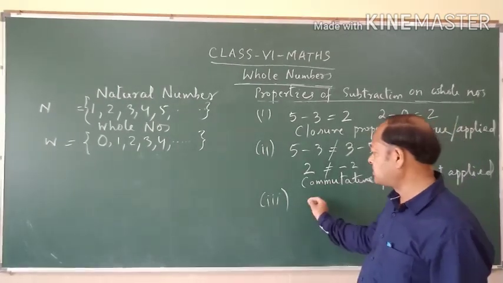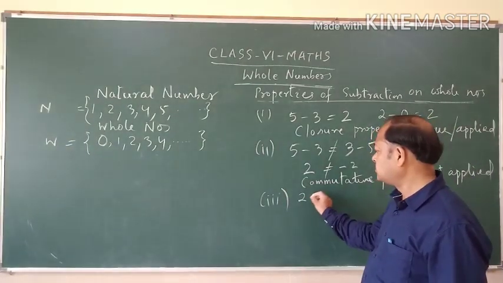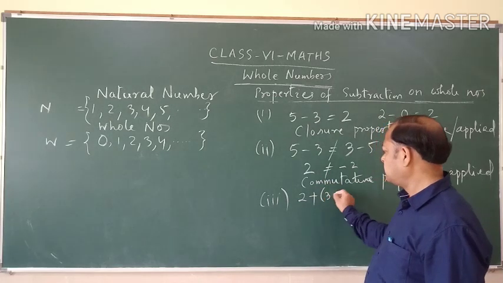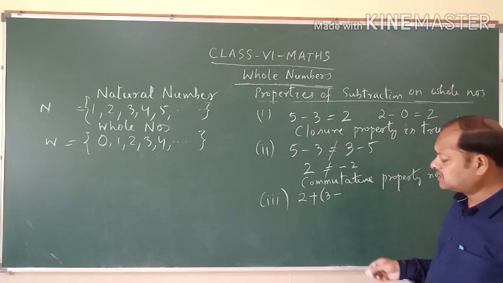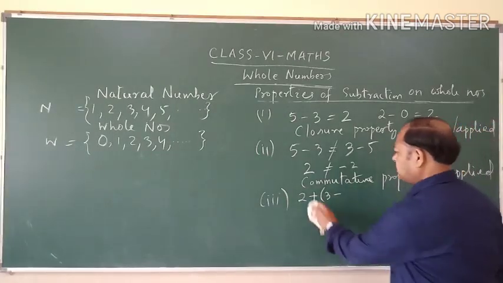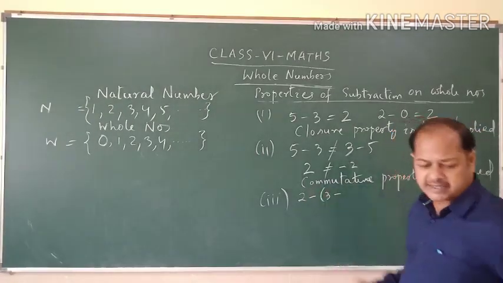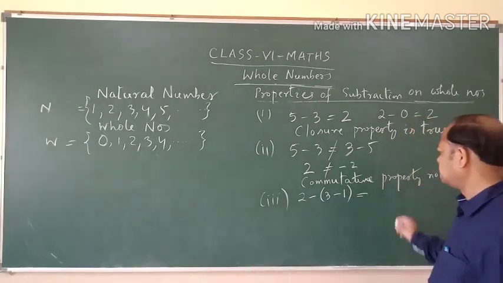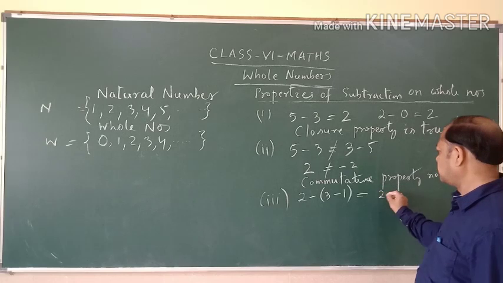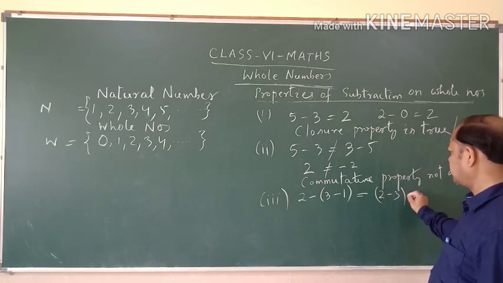So what is associative property? Let's take an example in case of minus: 2 minus 3 minus 1, equal to 2 minus 3 inside the bracket, minus 1 outside.